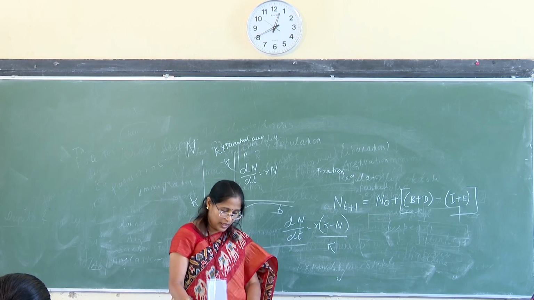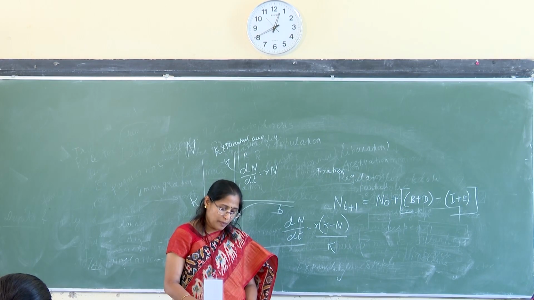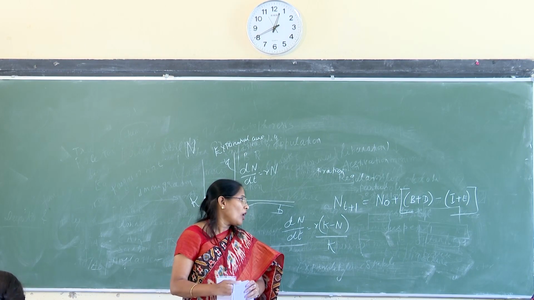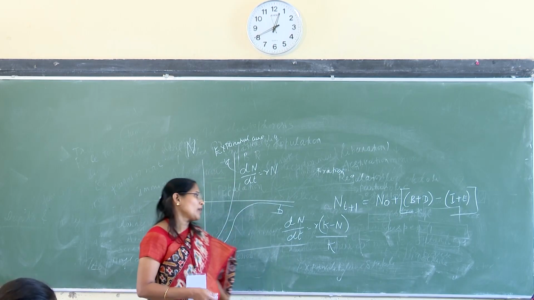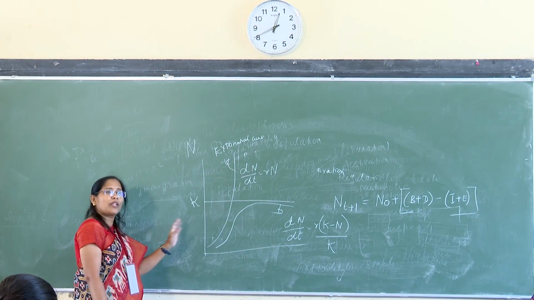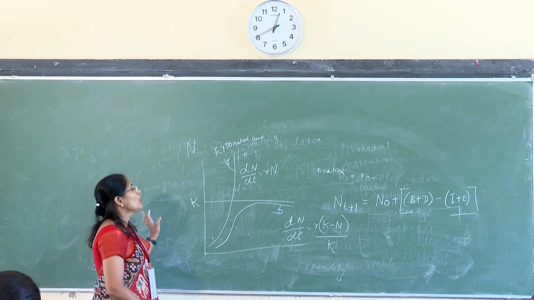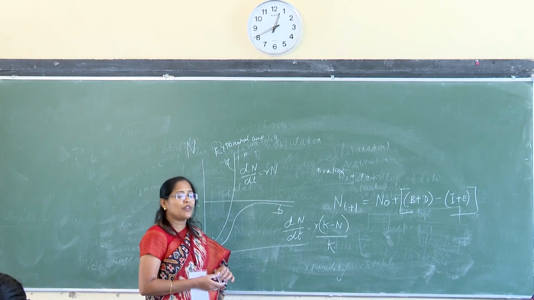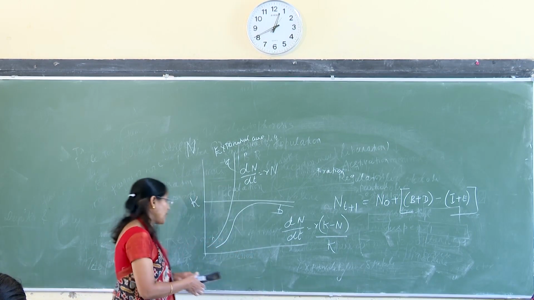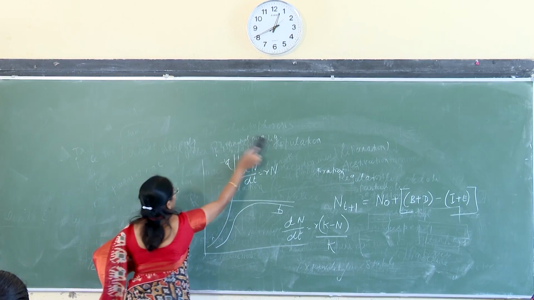The last part of this lesson talks about how populations interact, because we are talking about a community over here, community interaction. How do they interact, and what are the different types of interactions between any two organisms?